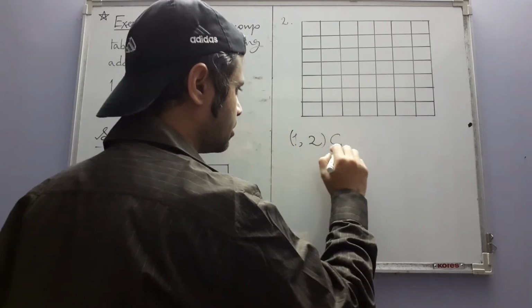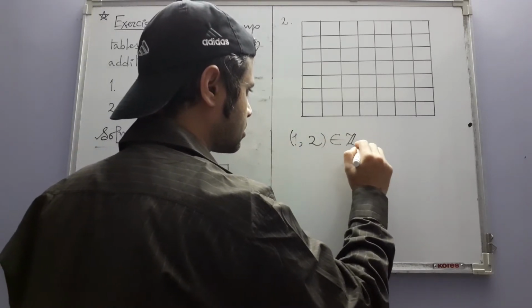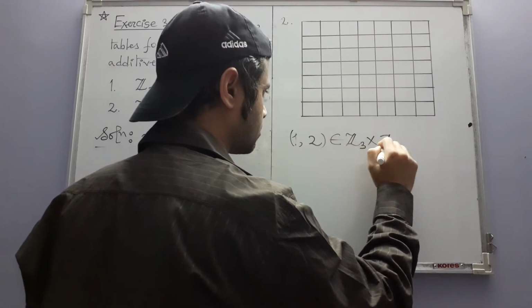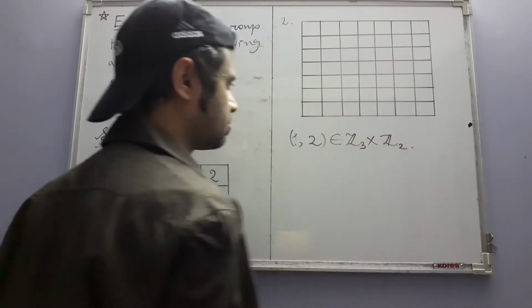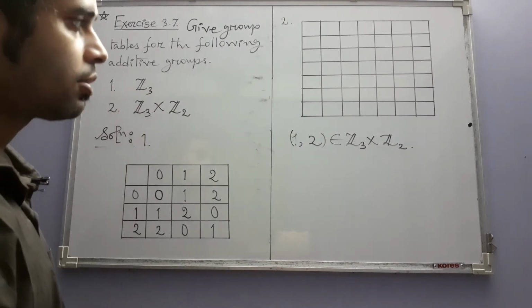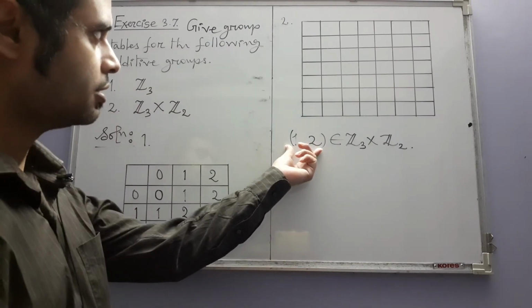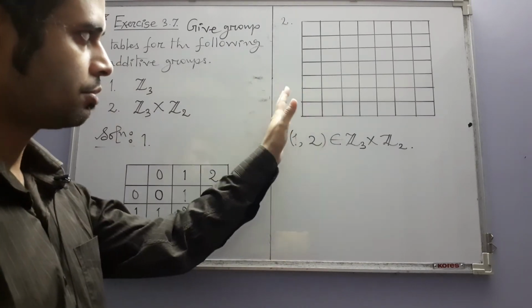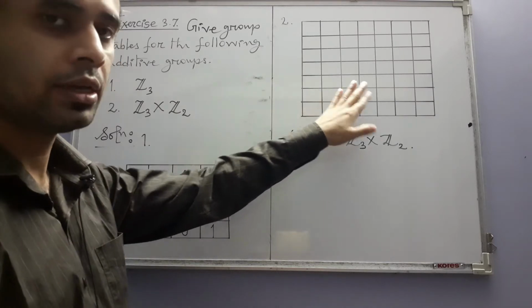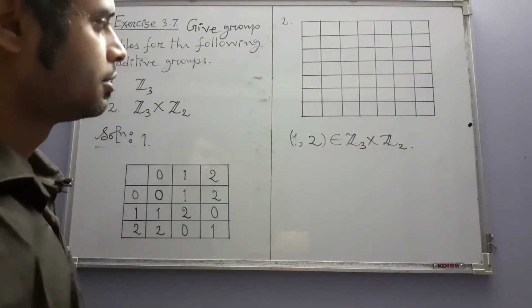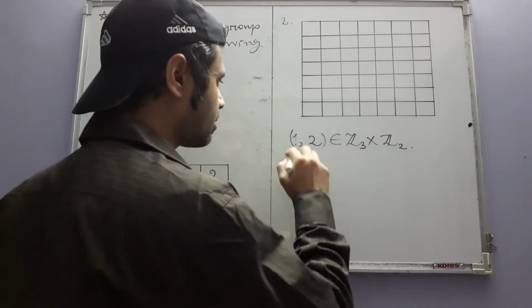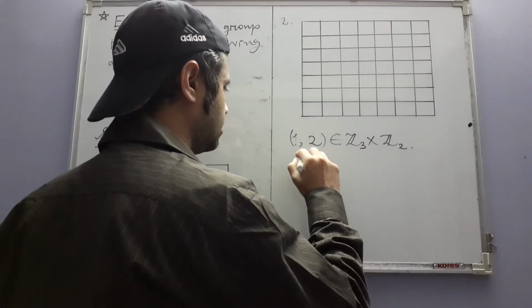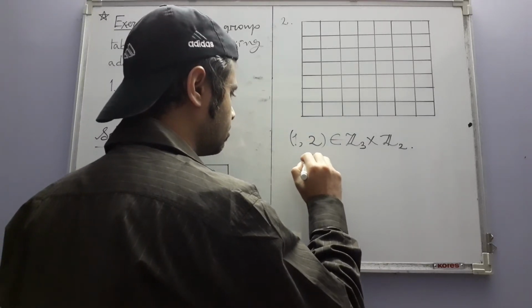This is an element in this set. But if we write like this, we would need much more space than we have in these cells. So instead, we are going to write it more compactly as 12.